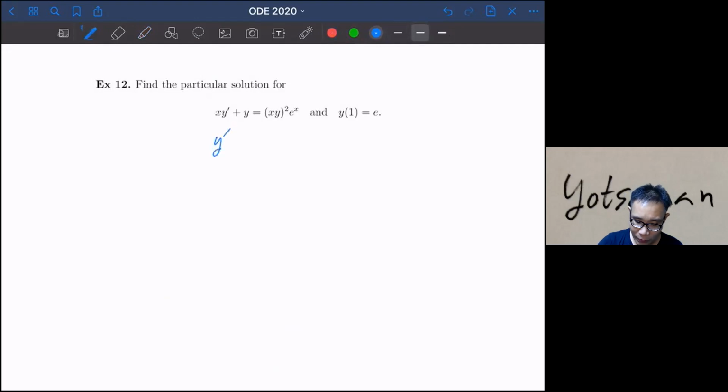It's going to be y prime plus 1 over x y equal to x y squared e to the x, which you divide by x to get x e to the x times y squared.